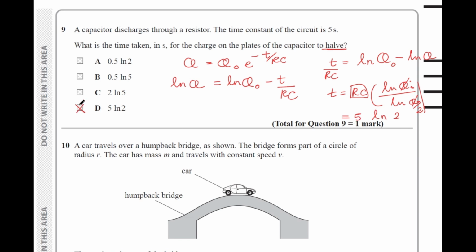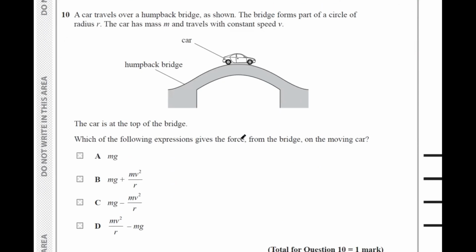Answer is D. So please make sure that you practice more calculation questions, especially when it comes to capacitors. You should be familiar with rearranging formulas, substitution, converting exponential function to linear function. All these are important. Alright, then the last question, 10th question, which is related to circular motion.